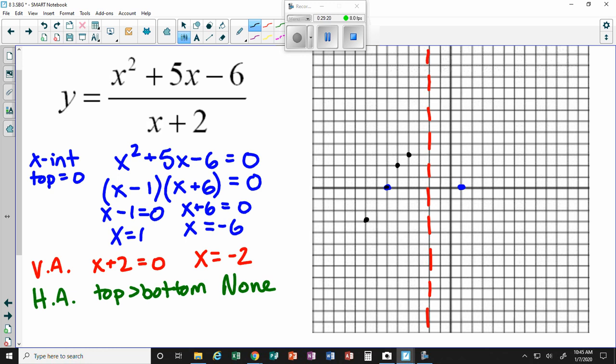Negative 1 is on the other side, it jumps. At negative 1, I'm at negative 10. At 0, I'm at negative 3. At 1, I'm at 0. At 2, I'm up at 2. At 4, I'm up at 5. So it's going to go like this. So there's my graph.